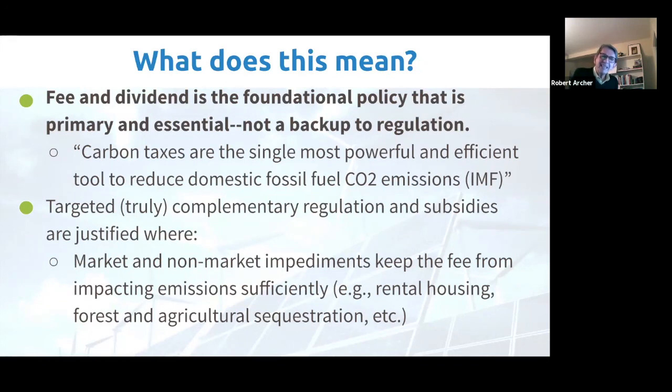Second, where the fee doesn't impact a sector sufficiently, such as rental housing, where there's a split in the incentives between landlord and tenant. Then complementary regulation would be justified, such as housing codes and efficiency programs. I think this discussion is going to pick up in the year ahead of us. Carbon fee, regulations, and cap and trade.